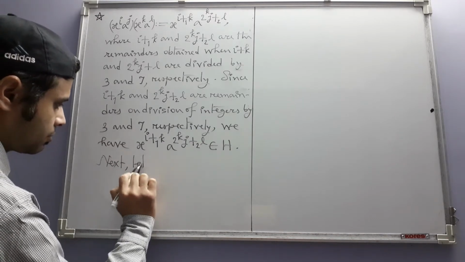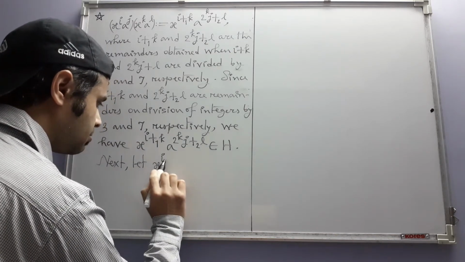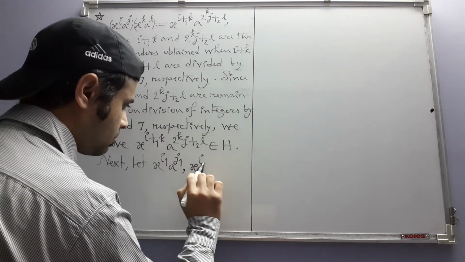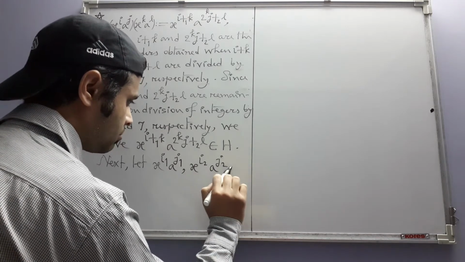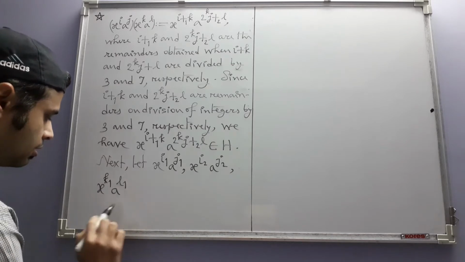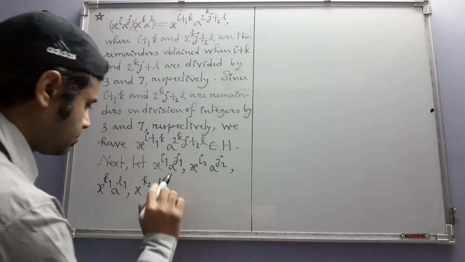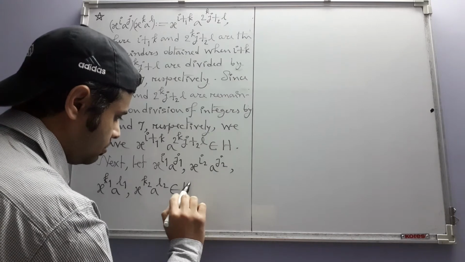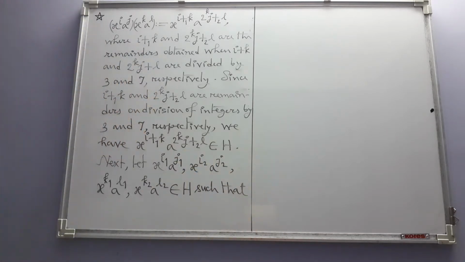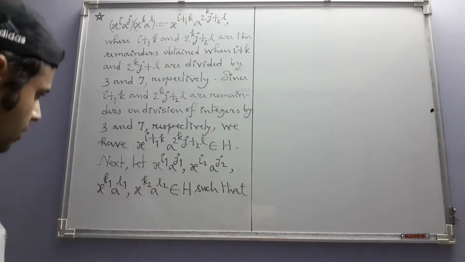Next, let us take 4 elements which have been taken like this: I1, J1, I2, J2, K1, L1, K2, L2, which belong to H, such that these two things are equal and these two things are equal.